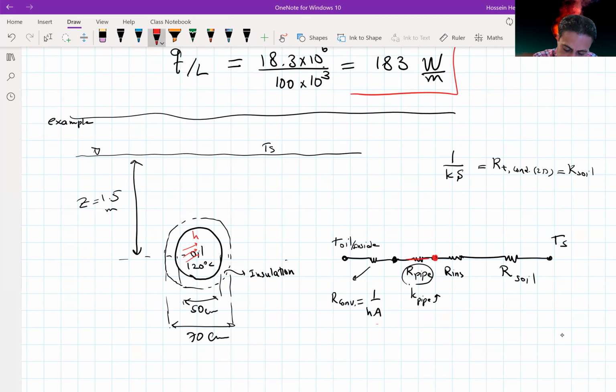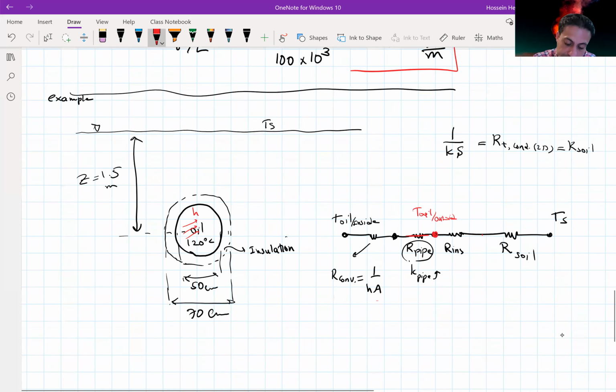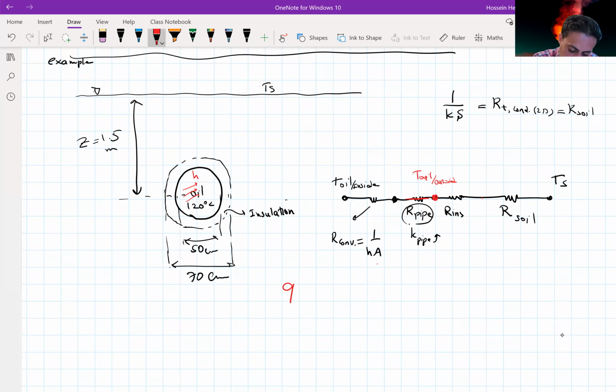So here we are going to have T of oil outside, or just at the line of the pipeline, and then we are going to have the T of insulation and R of insulation and then R of soil. And we can do the calculations similar to what we have done in the previous chapter. So Q at the end would be delta T, the temperature difference, divided by sigma RT. So this R convection could just not exist too.